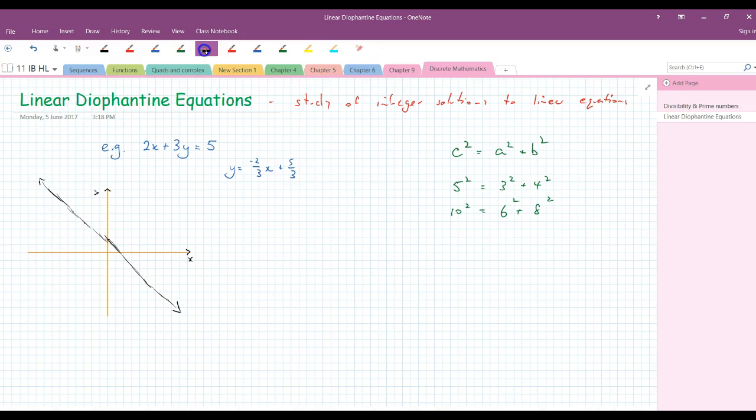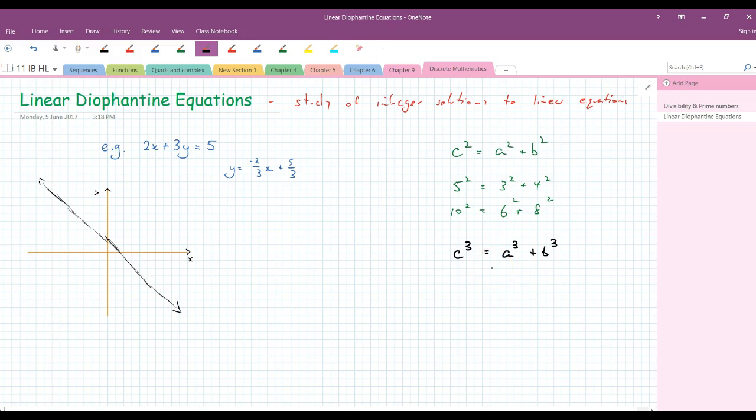But interestingly, with powers of 3 or above, this is a problem that has challenged mathematicians down the centuries: finding integer solutions to equations of power 3 and above. This is famously known as Fermat's last theorem, the proof that there are no integer solutions to such equations of power 3 or greater.